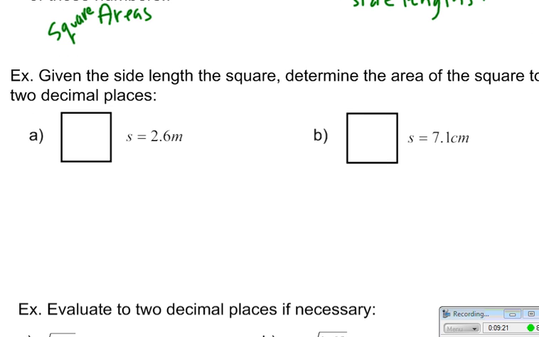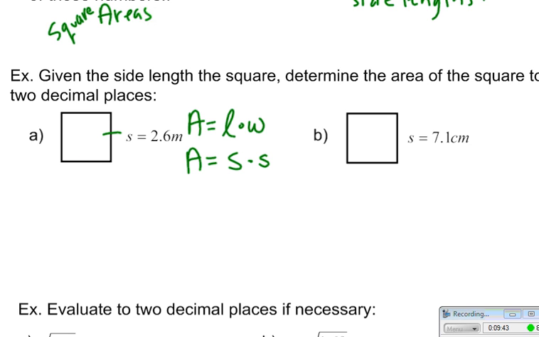So in this example, it says, given the side lengths of the square, determine the area. Well, I hope you remember that the area of a square is length times width, but because the length and width are the same thing, it's actually side times side, or side squared. So we know that one side length is 2.6.